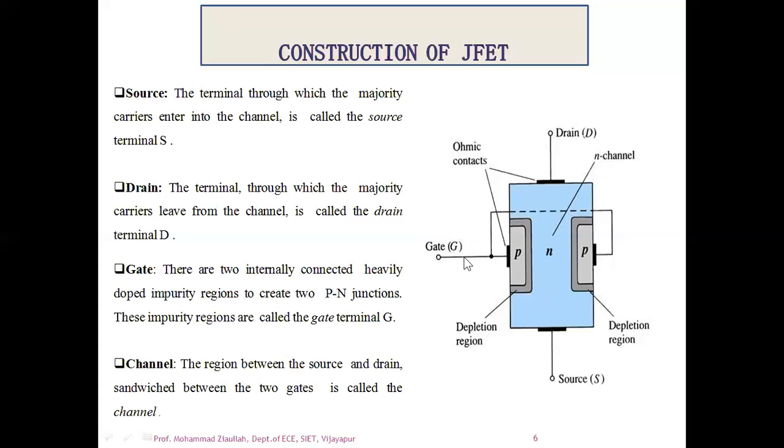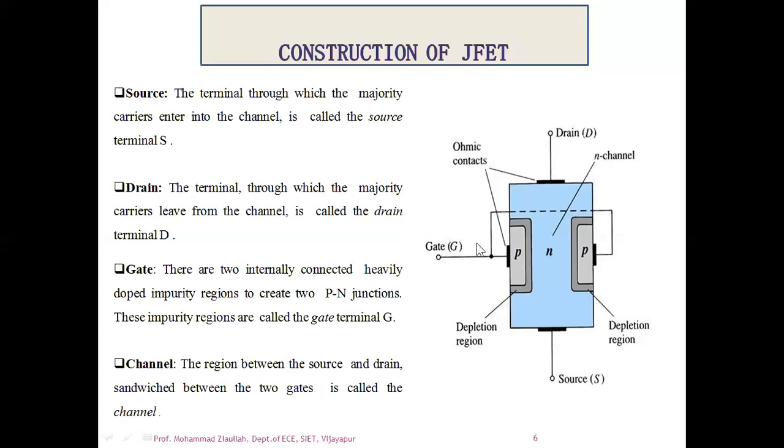The gate terminal is basically constructed by shorting the two P-type materials, which are doped on either side of one N type semiconductor material. These two P-type materials are highly doped as compared to source and drain.